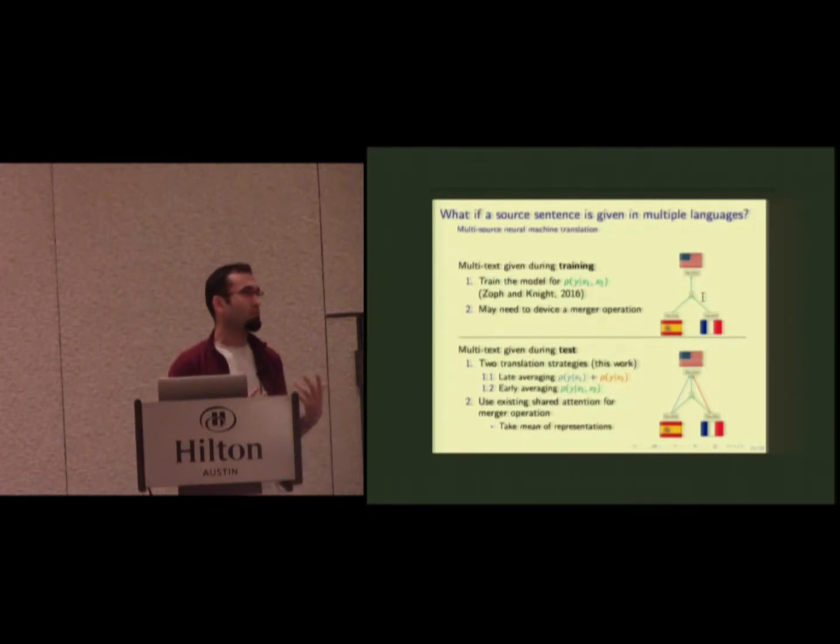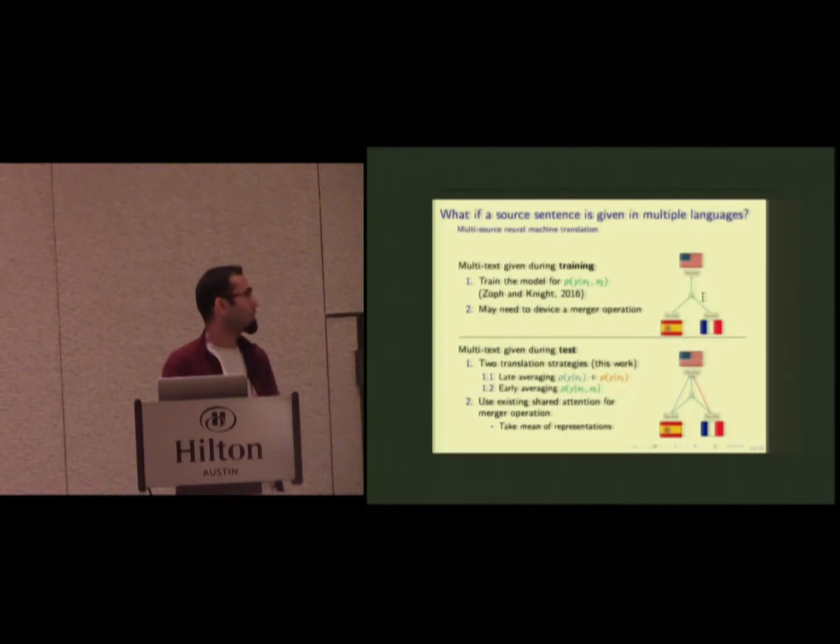But our goal was to do it during test time. So we will not be given access to any multi-text during training, but during test time we will have access to this multi-text. You can think of news test development or test sets as multi-text because they're n-way parallel.